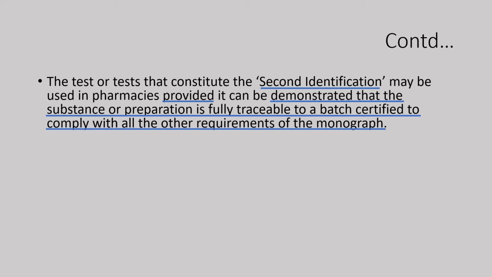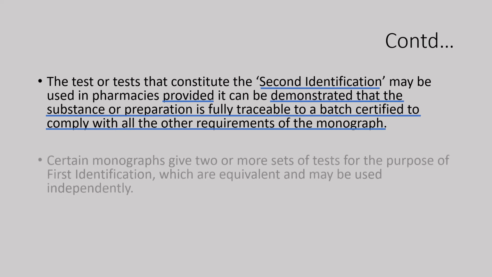When demonstrated that the substance is fully traceable to a batch certified to comply with all other requirements of the monograph. That means if there is a system in place with all inputs at every stage and appropriate outputs, the genealogy of all the batches maintained and confirm that all operations are carried out under GMP conditions. In such cases, the second identification test may also be used.